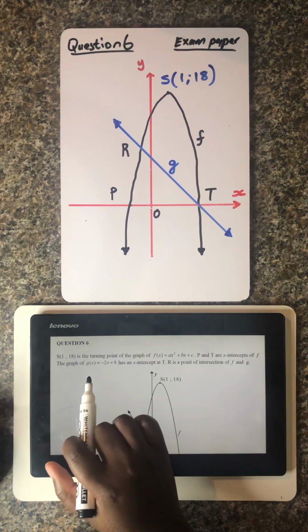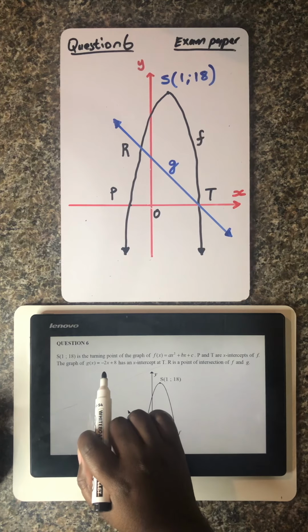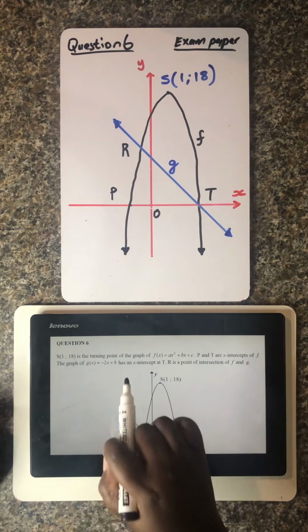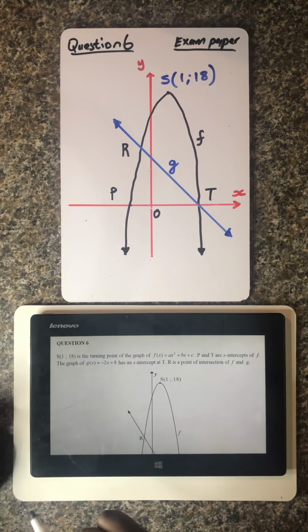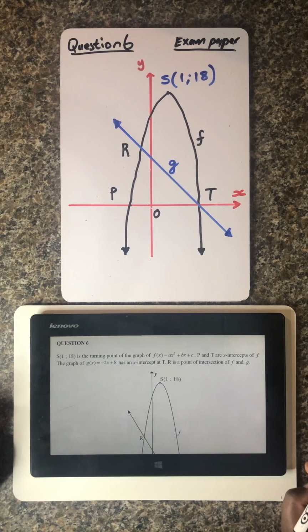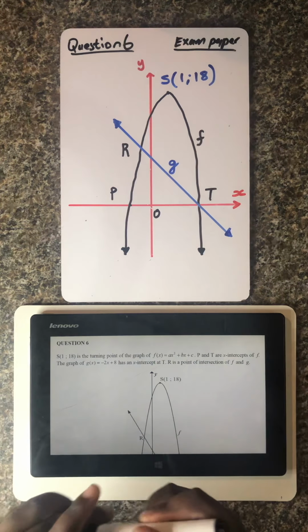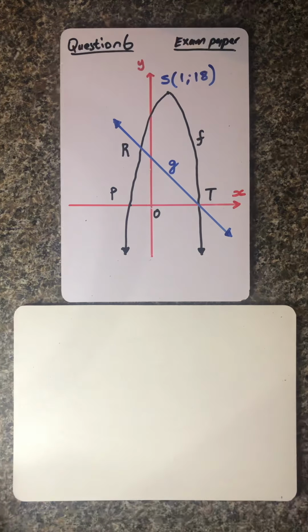The graph of g(x) = -2x + 8 has an x-intercept at T. R is a point of intersection of f and g. Okay, so ladies and gentlemen, what I've done was just to read through the given statement.